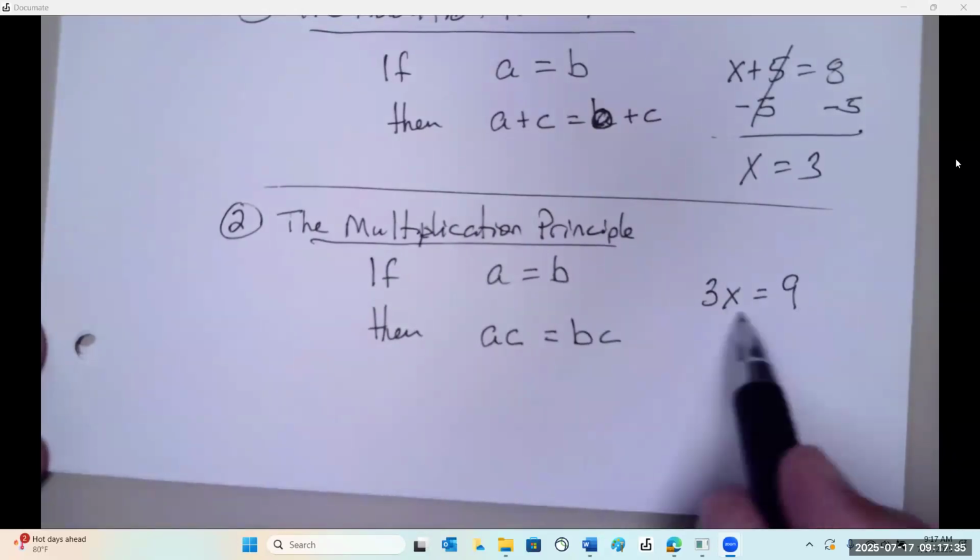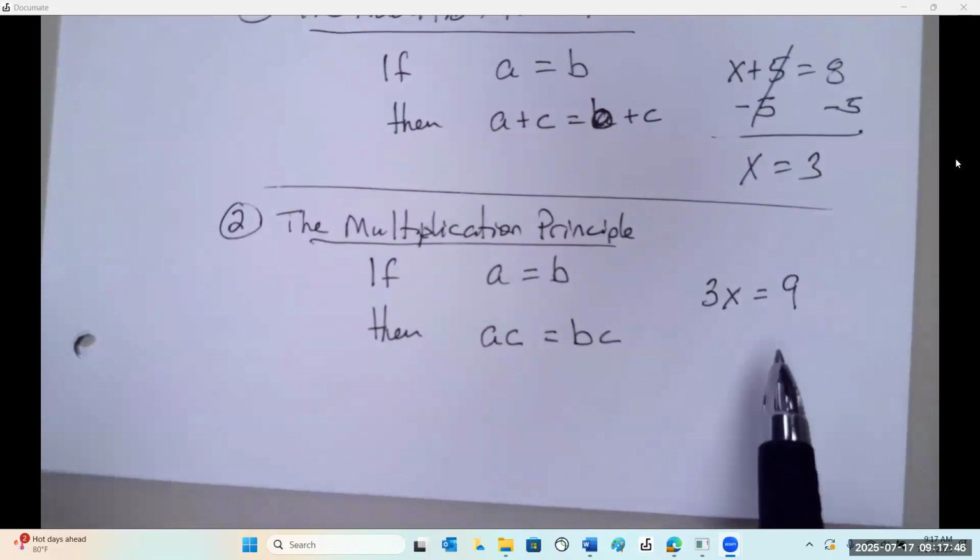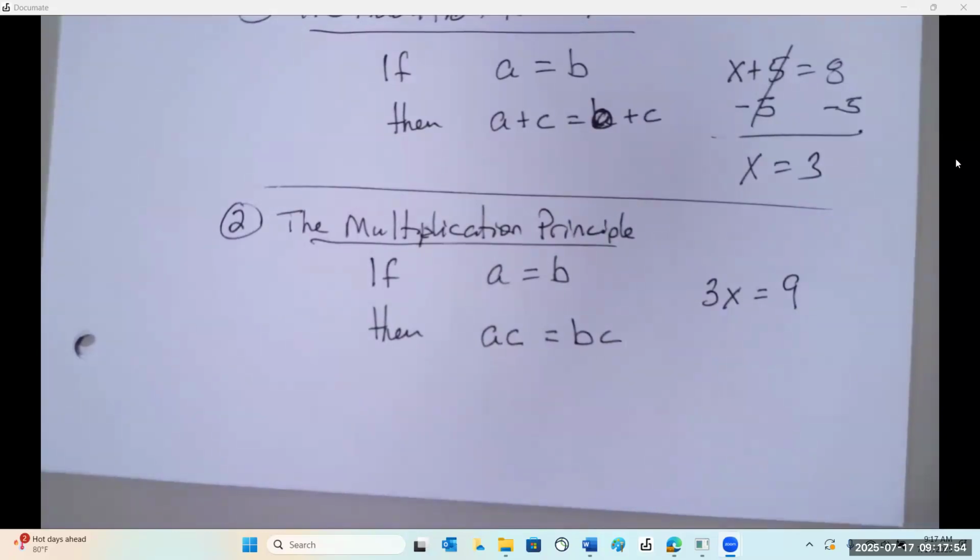So what can I multiply both sides by to get x by itself? Now, if I gave you this, what would you do to both sides to get x by itself? You said divide by 3, but a second ago, what did you say?